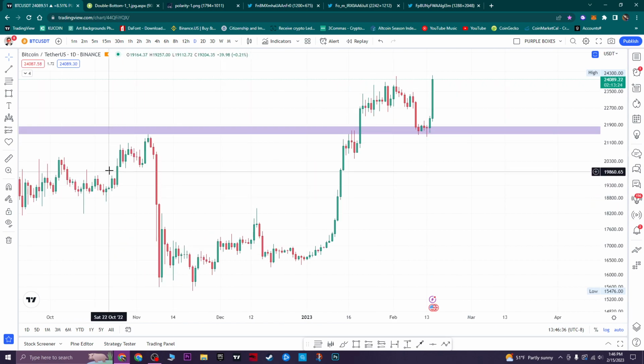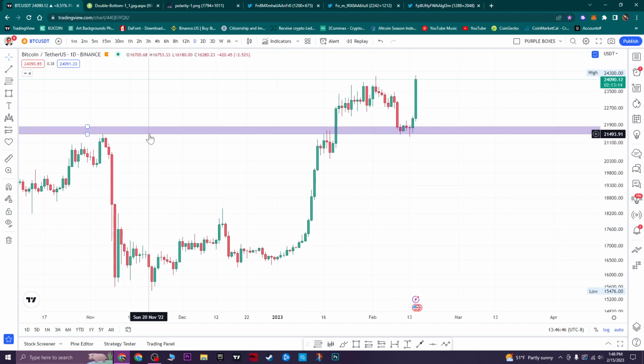When the price is moving in a certain direction and reverses, the point that it reverses from is the resistance or support level. So we saw the price react right here, and finally here. So this was the level that we were supposed to hold, and we did.